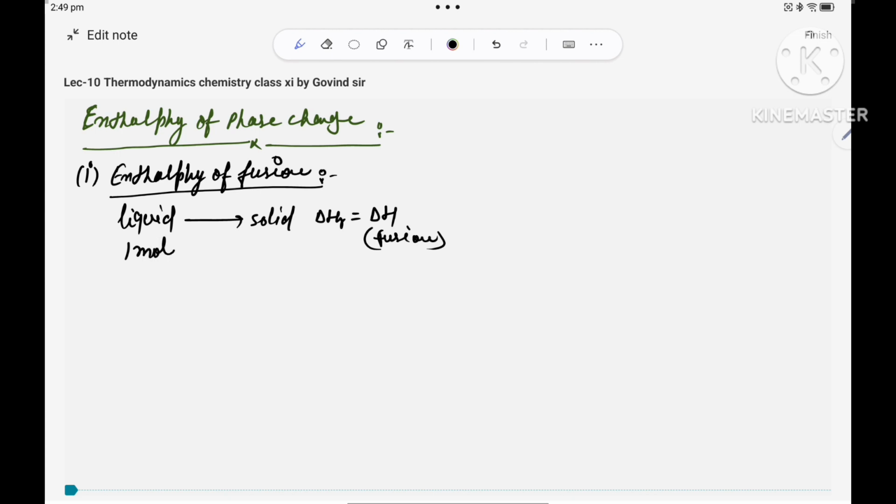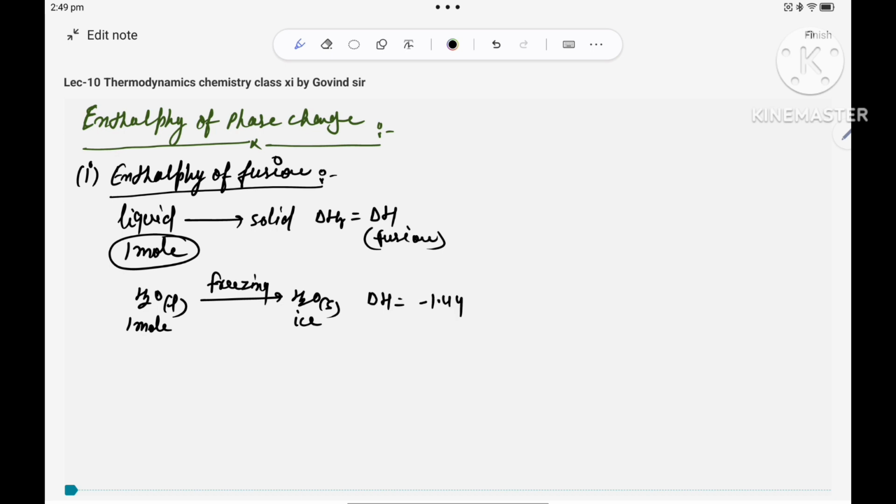Okay, 1 mole of liquid, like H2O given in liquid state, will be converted into solid state. When will it be converted? By freezing. Remember, freezing. For 1 mole it is converted into ice, and delta H is equal to minus 1.4 kilocalorie.